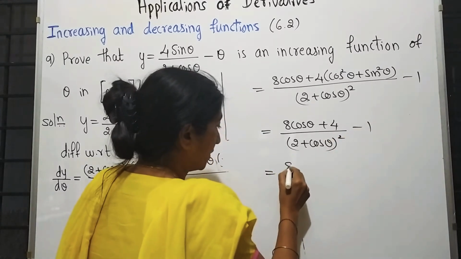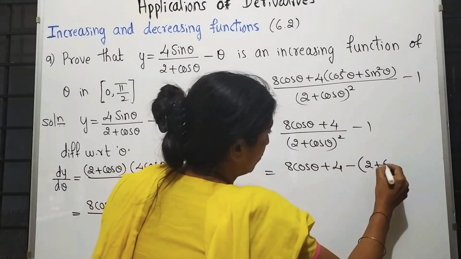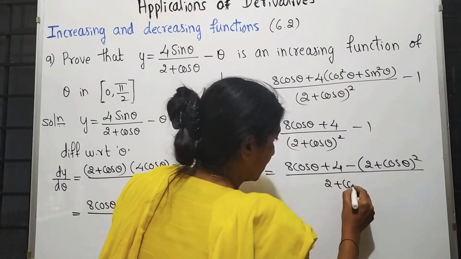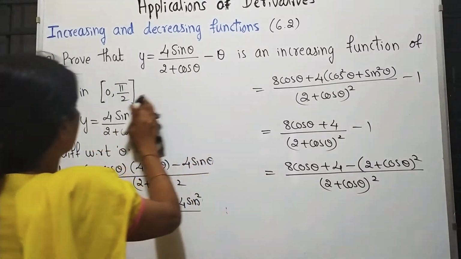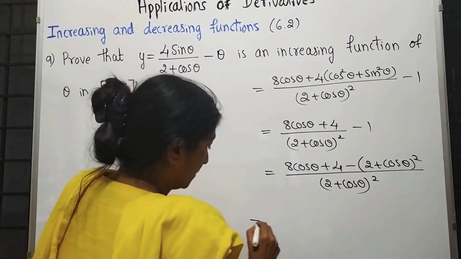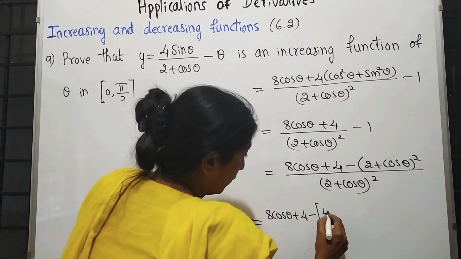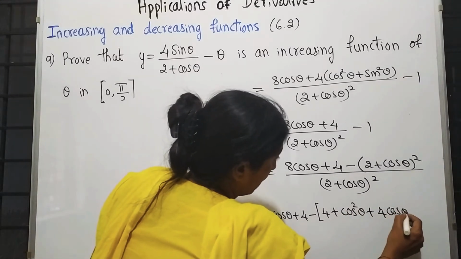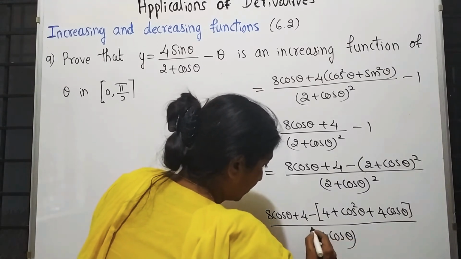Take the LCM. It is 8 cos theta plus 4 minus 2 plus cos theta whole square, divided by 2 plus cos theta whole square, and remove the bracket. This is 8 cos theta plus 4 minus, in the bracket, 4 plus cos square theta plus 4 cos theta, a plus b whole square, divided by 2 plus cos theta whole square.